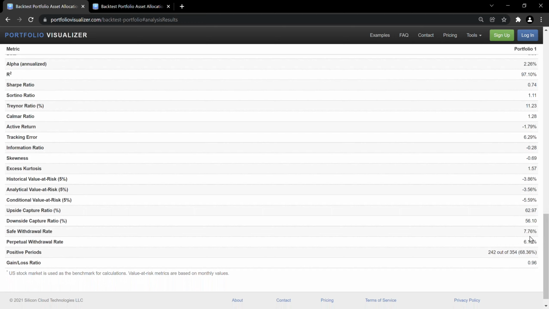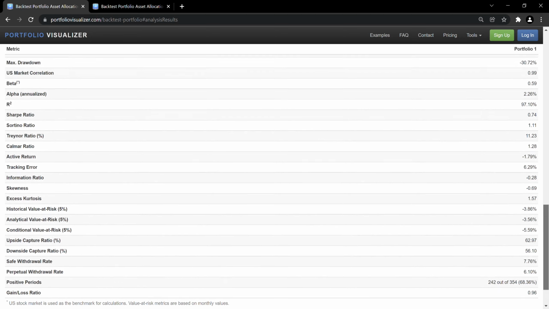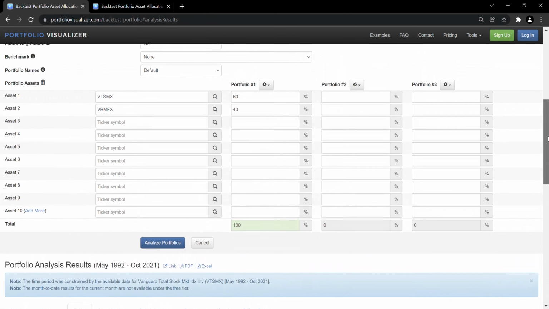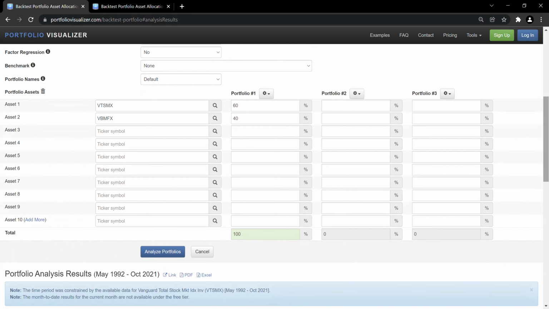And you see it's relatively high because this portfolio did grow well in the 1990s and didn't have a period like the 1970s. And you'll find that in shorter time frames, most of these safe and perpetual withdrawal rates are on the high side, because we're not looking at a 50-year time series.